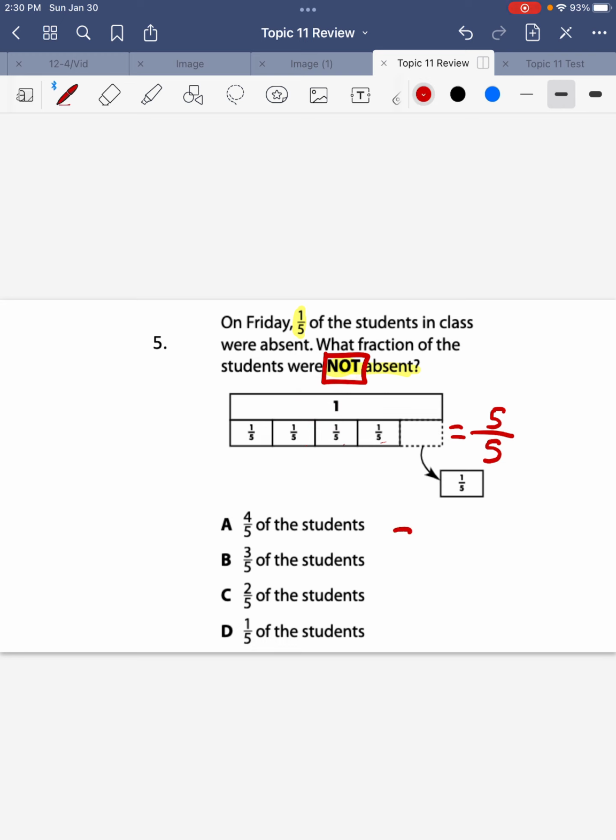So I'm going to put that here. They had one whole, 5/5. But 1/5 of the students in class were absent. And look, if you even look here, they took out 1/5. They took it out of here. So I'm going to subtract 1/5. Okay? Because it's even taking it out.